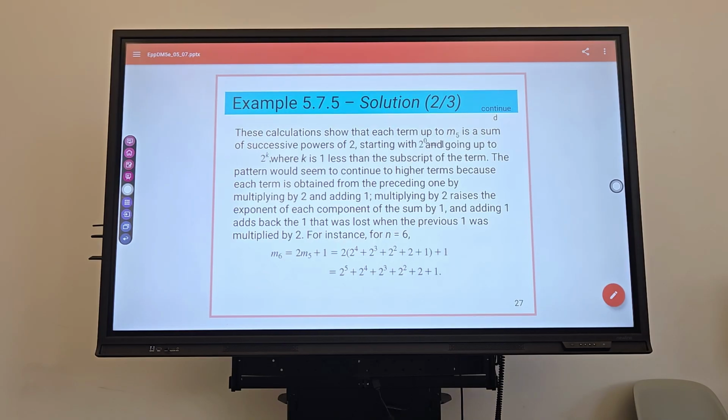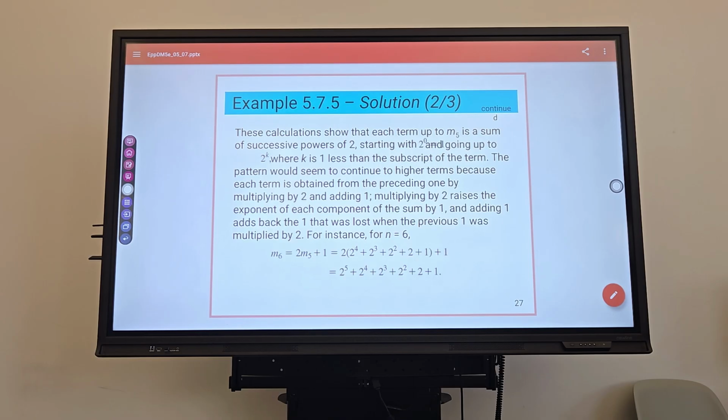The pattern would seem to continue to higher terms because each term is obtained from the preceding one by multiplying by 2 and adding 1. Multiplying by 2 raises the exponent of each component of the sum by 1, and adding 1 adds back the 1 that was lost when the previous one was multiplied by 2.